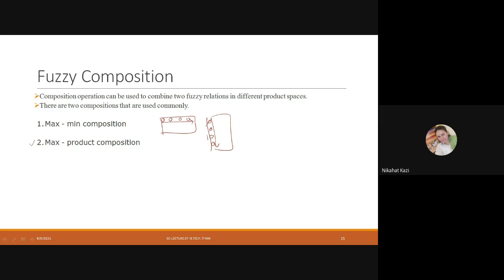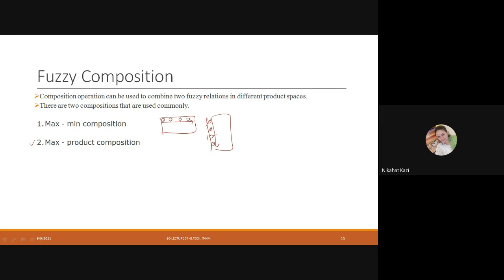Whichever is the min, find out. So you'll get four different values, right? Out of those four different values, find out which is the max value. That is max min. So that product is replaced with min.